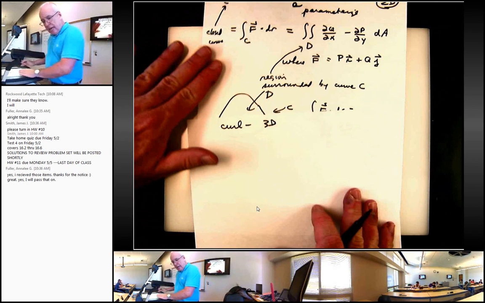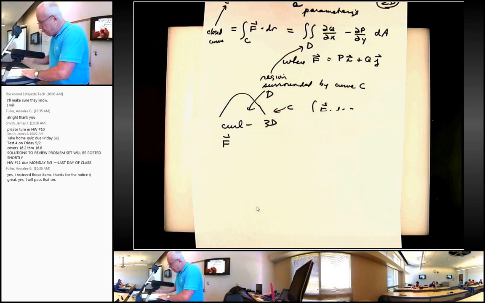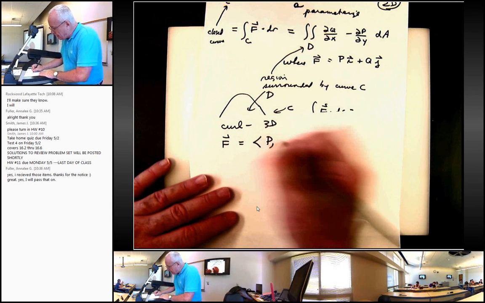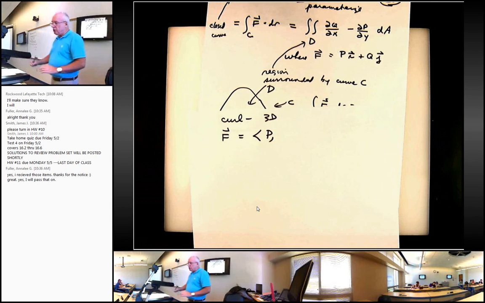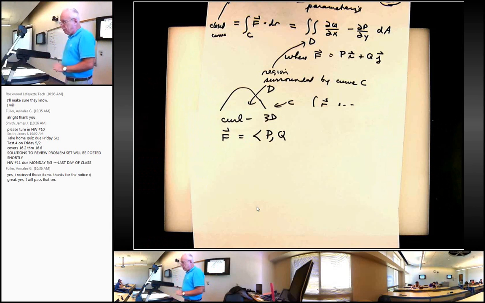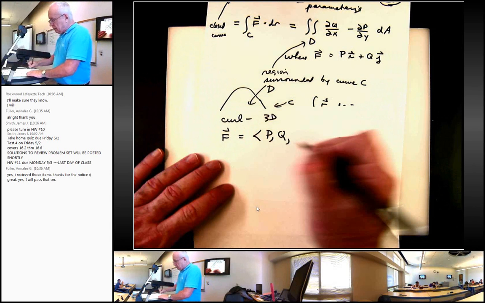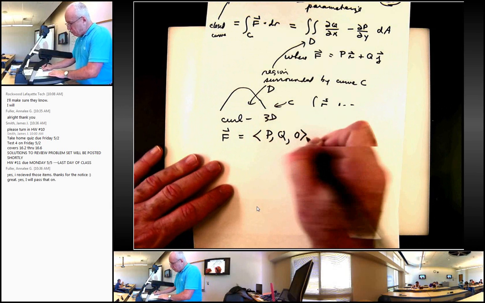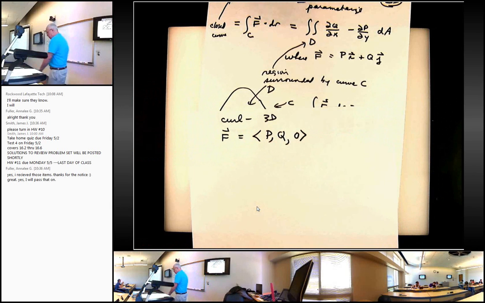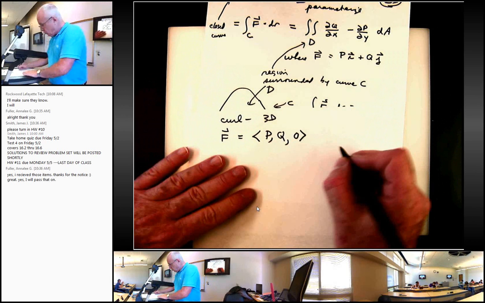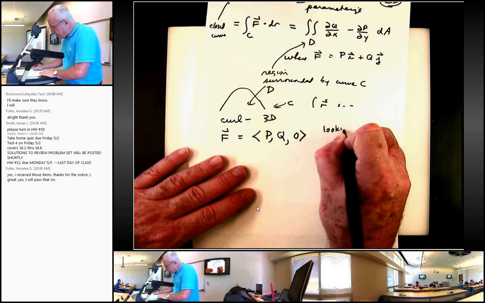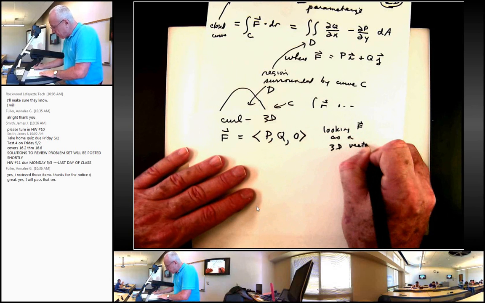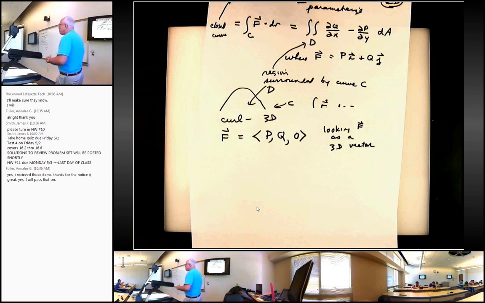If we look at our vector field like this, we have our first component is that p function, the second component was that q function, but let's somehow view it as a three-dimensional vector by putting the third component as just the number 0. So here, we're looking at F, our vector field, as a 3D vector, where the z component is just a 0.